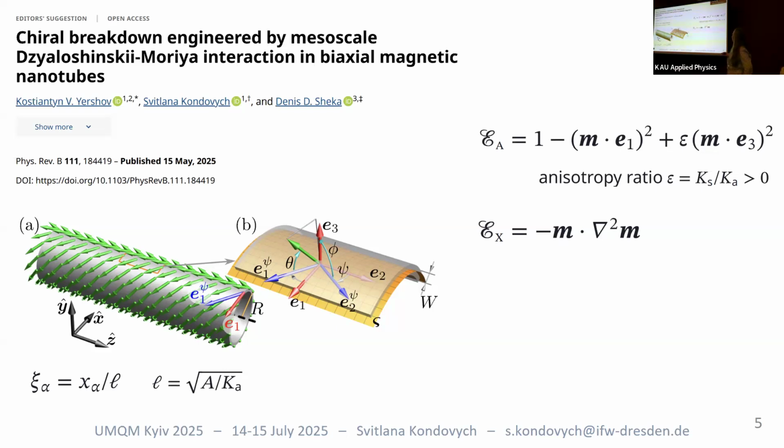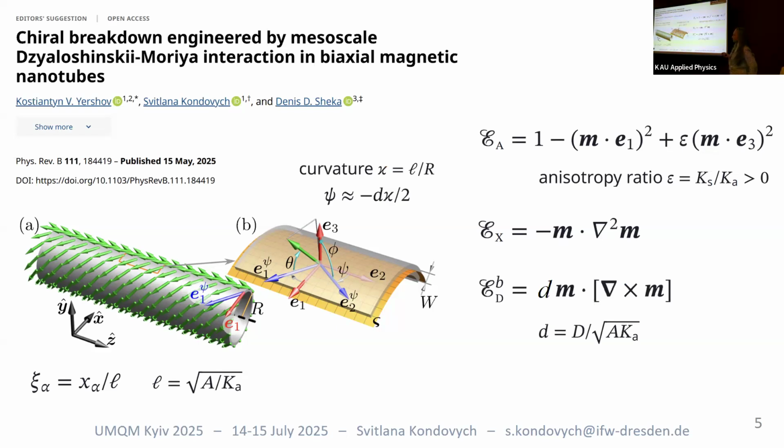However, if the system also features Dzyaloshinskii-Moriya interaction of bulk type, the ground magnetization state tilts from this E1 direction by a small angle proportional to the strength of the DMI interaction and the curvature of the system.